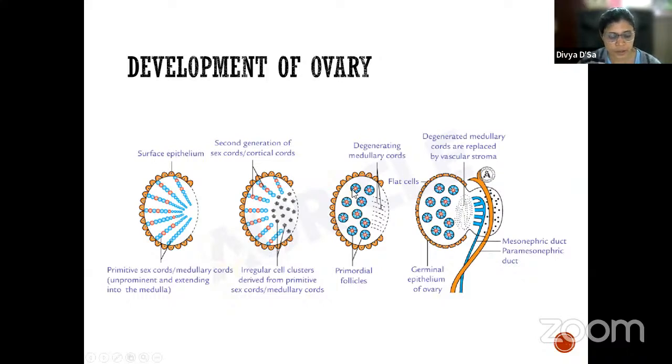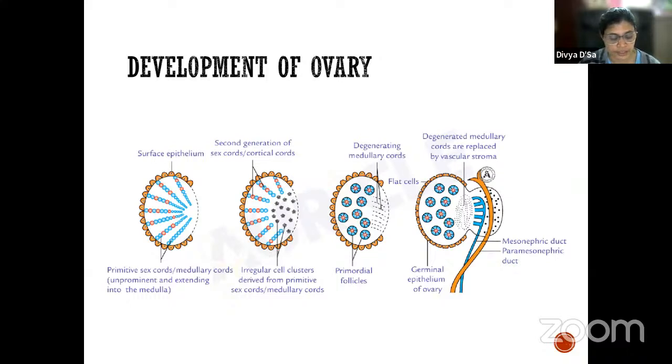Now these cortical cords, in the 3rd month of intrauterine life, get fragmented and form isolated cell clusters. If you see here, each cell cluster consists of a primordial germ cell in the center, surrounded by a layer of coelomic epithelial cells.